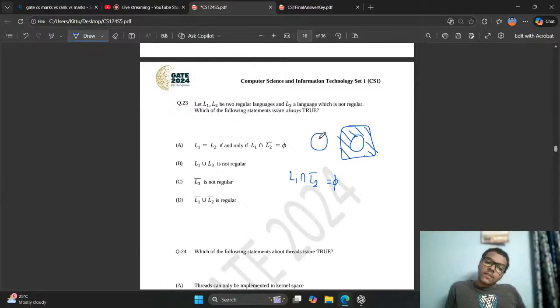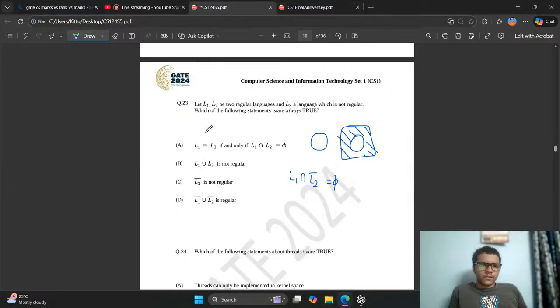That means there are no common elements between this and this. You cannot say that. It might contain some regular aspects and this might contain some regular aspects.